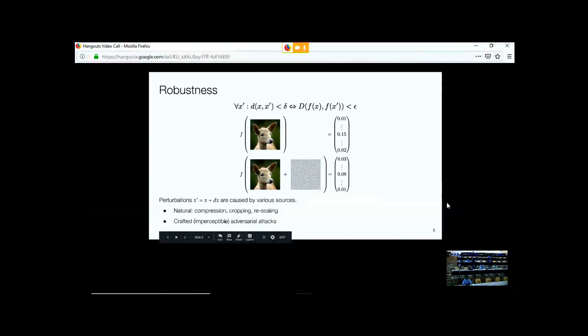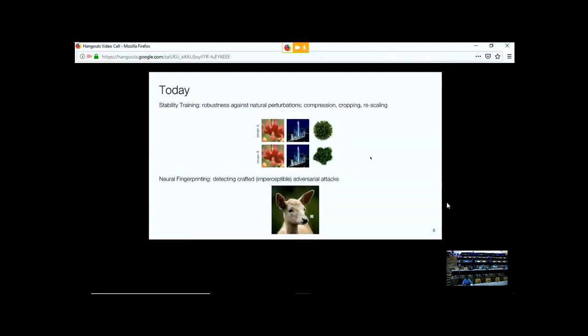Secondly, there is a very active research area now where people try to come up with algorithms and formulas to construct clever patterns of perturbations such that you get these kinds of errors. So today I wanted to discuss two papers that try to do something about this problem. The first one is called stability training.